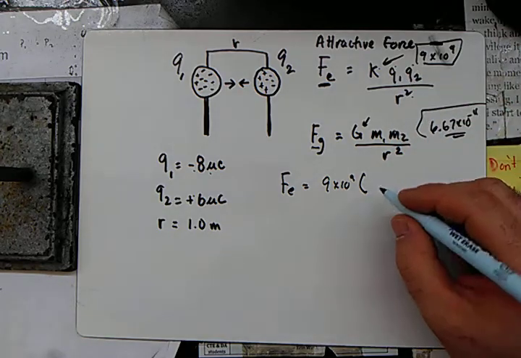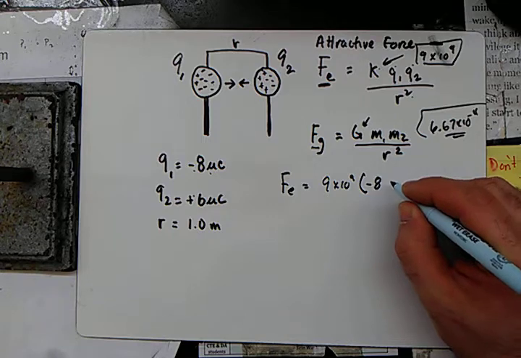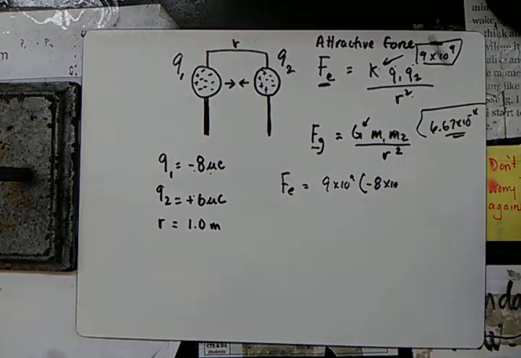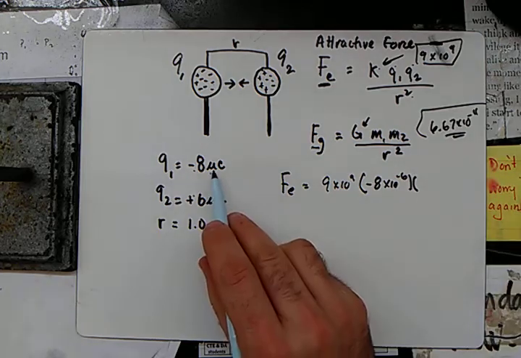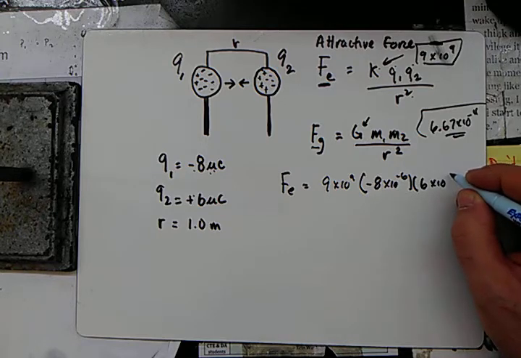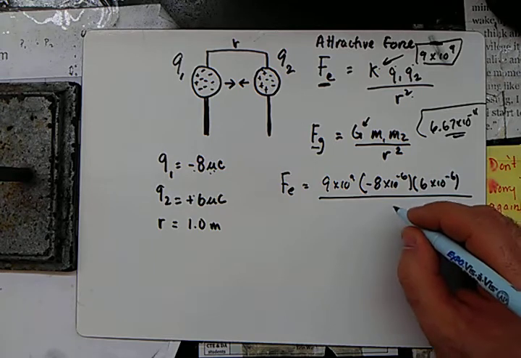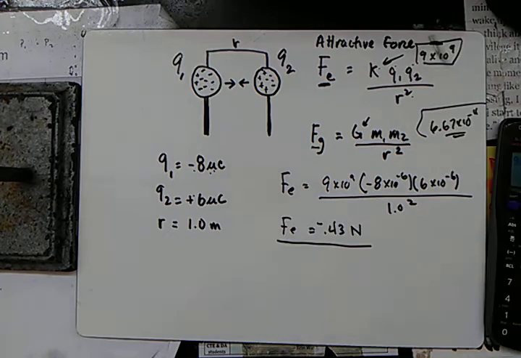The first Q value is negative 8 times 10 to the negative 6th, that's micro, times 6 times 10 to the negative 6th, all over 1 squared. Let's do the calculations there.